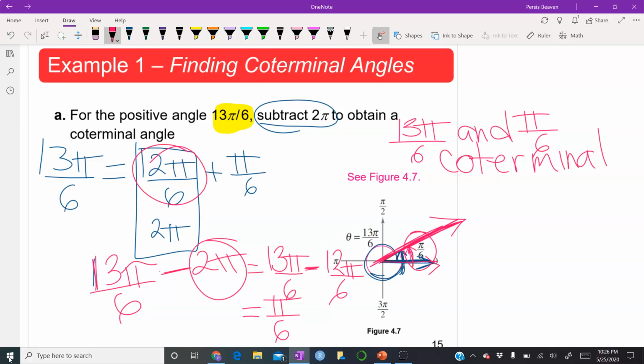Just like a co-worker is a person who works at the same place as you do, a coterminal angle is an angle that has the same terminal side as another angle. So two angles are coterminal if they share the same terminal side.